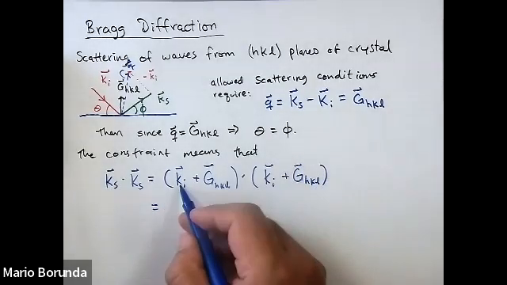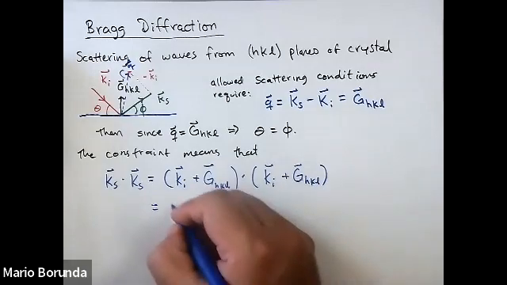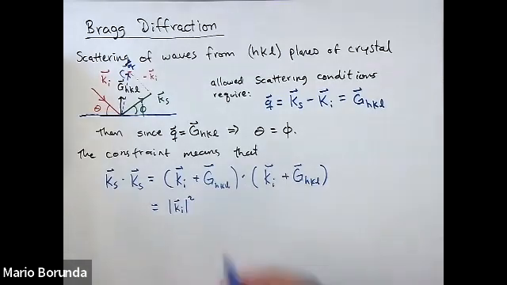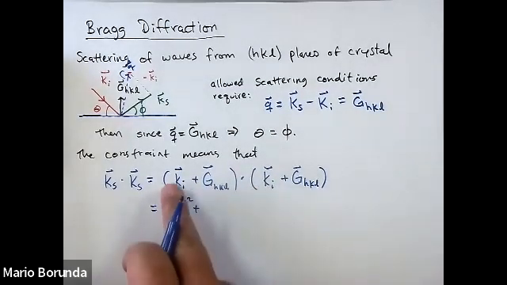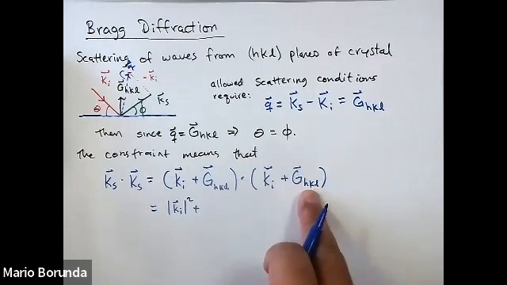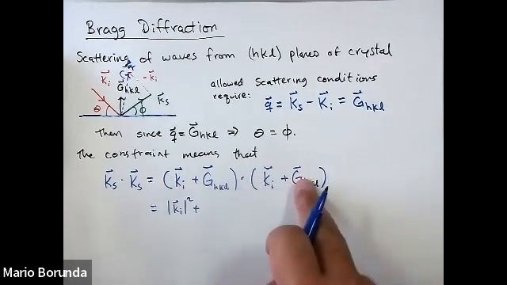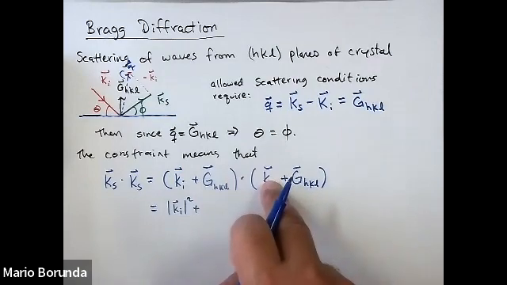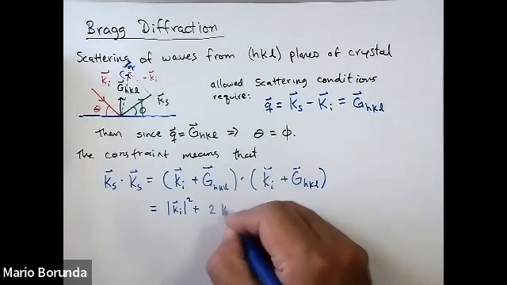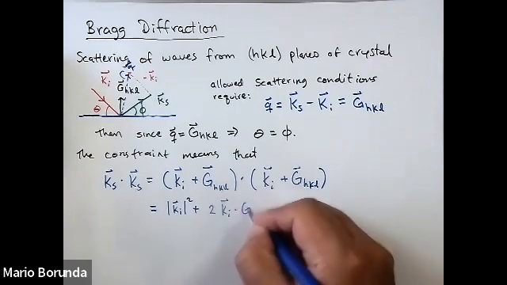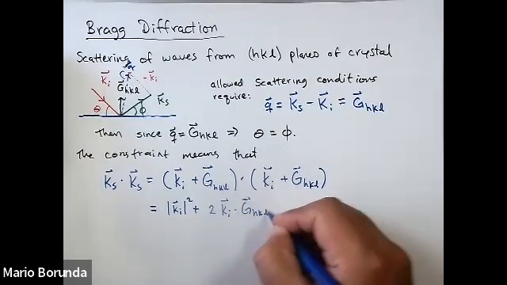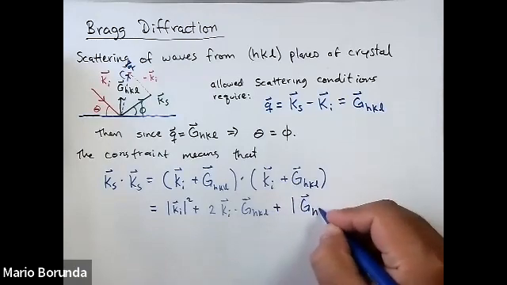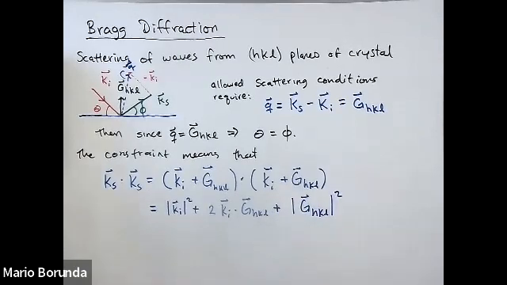If I do that, then I have Ki dotted with Ki, so I have the magnitude Ki squared. Then I would have twice Ki dotted with G_HKL. And then I have the vector G magnitude squared because it started with itself.